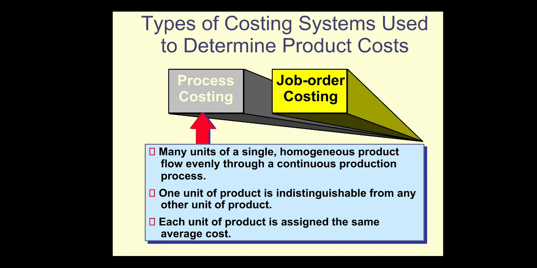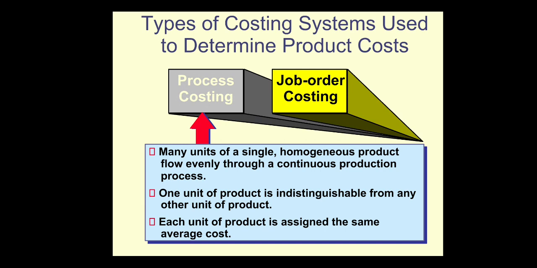The second characteristic that you can see here in the blue box is that one unit of product is indistinguishable from any other unit of product. The business that should use the process costing system may produce a single product but in large quantity.